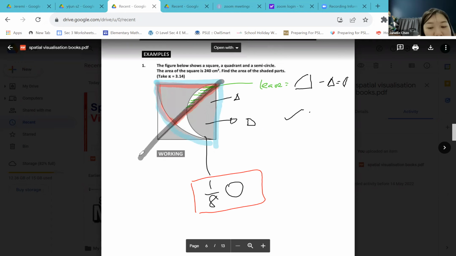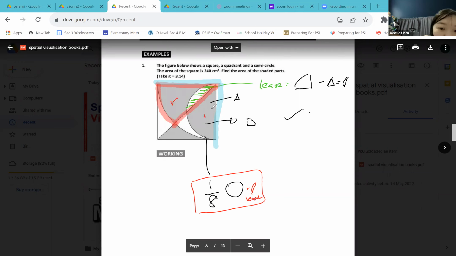But if you are able to see it's 1/8 of the circle, and also you are able to see that there's a leaf, then what you are going to do for your red part here is basically, oh sorry, wrong usage of color, it's basically the 1/8, and then after that we minus the leaf. Then that will get you this part.